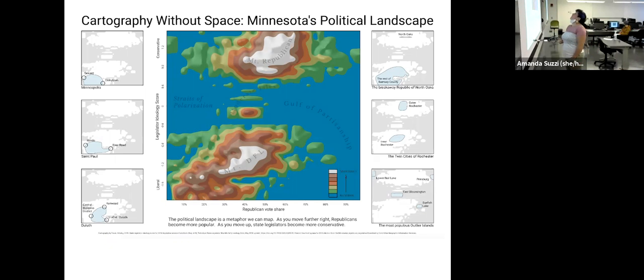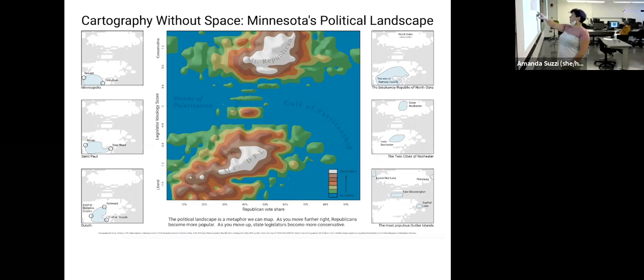The rest of the county vote is like this. Twin cities of Rochester, so inner Rochester and outer Rochester, actually were completely split, about half and half, Republican and Democrat. And then there are some outlier islands.